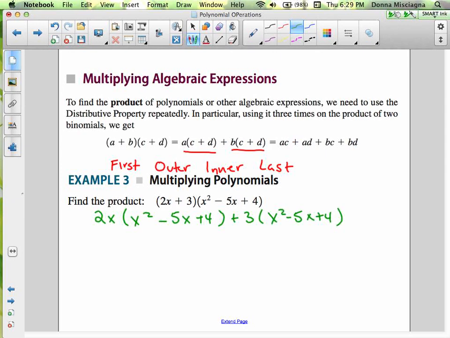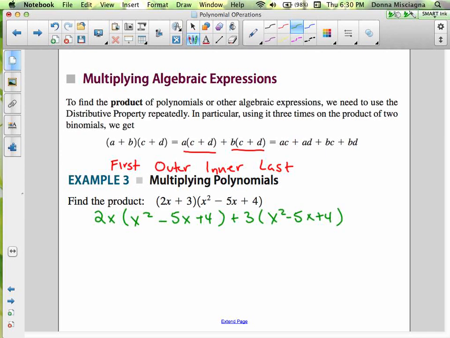So we've made sure that we've distributed the a to both the c and the d. For the inner and last, we multiply the b times the c and the b times the d. We make sure that we distribute that b expression to both the c and the d.